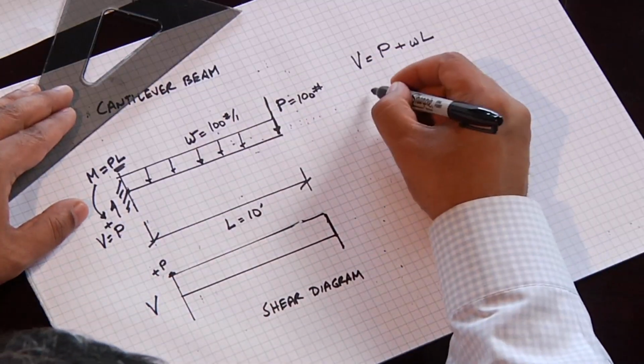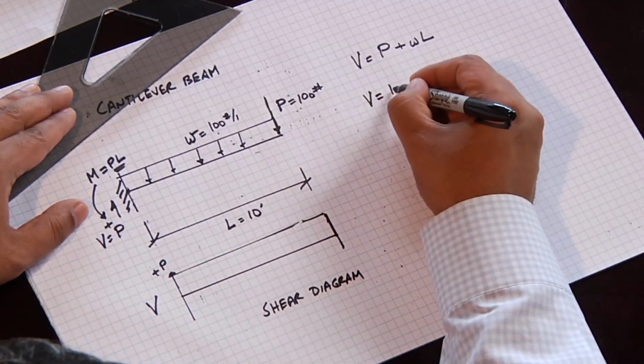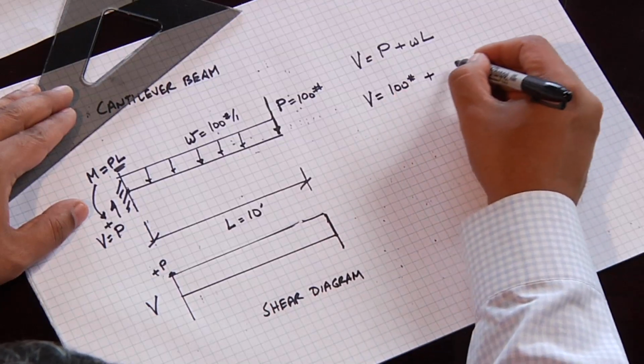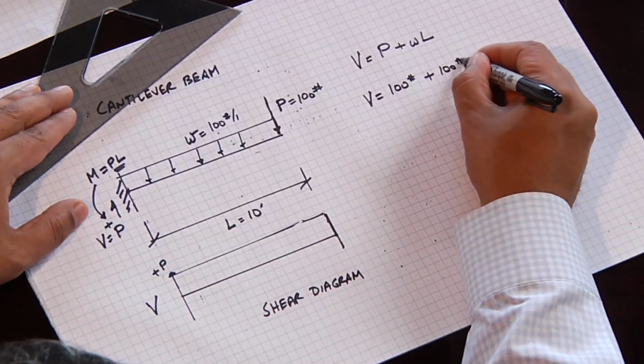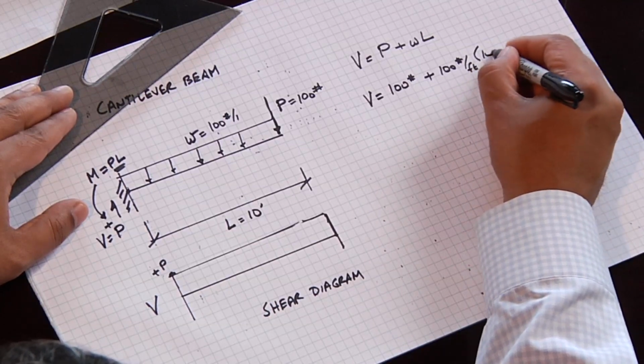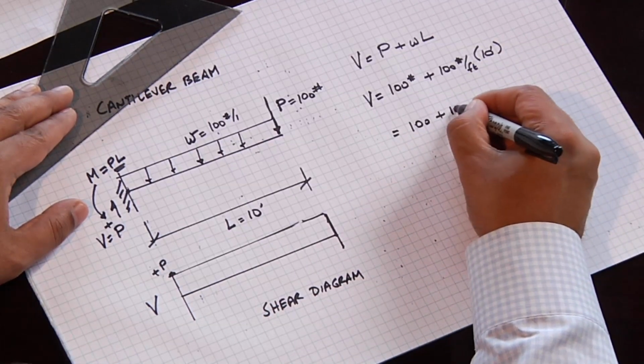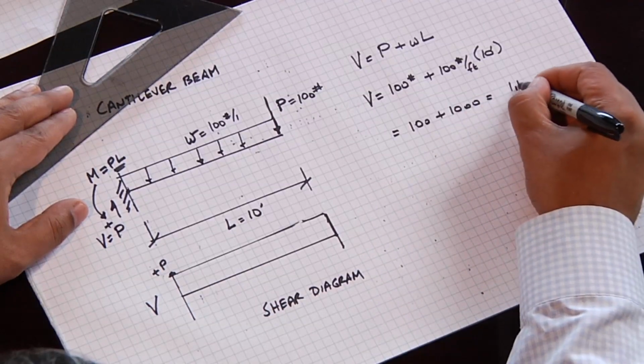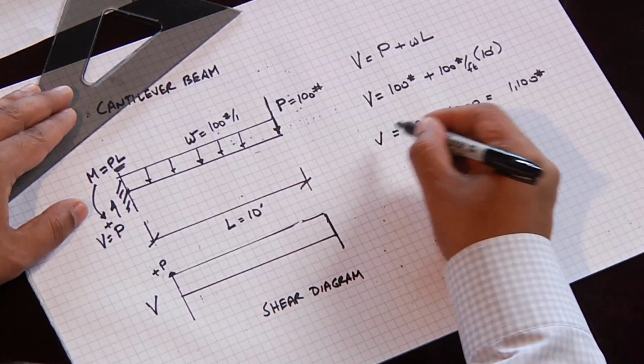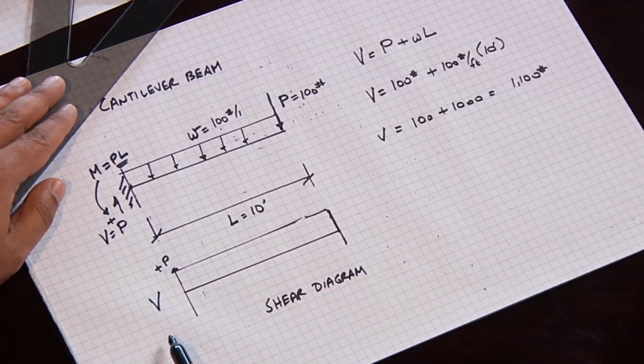What would our shear be? Our shear would equal the same as our reaction. It would equal P, 100 pounds, plus W, 100 pounds per foot, times 10 feet. So it would equal 100 plus 1,000, which would equal 1,100 pounds. In my second example, when I add the uniform load, what happens to the shear diagram?